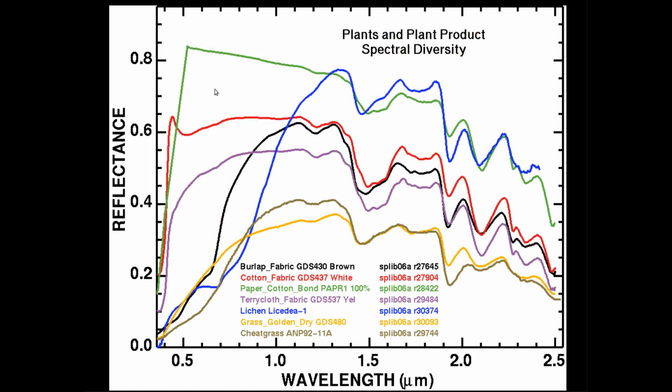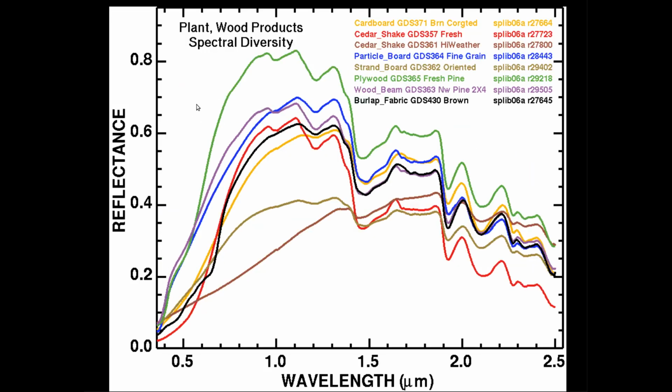Plants have a lot of diversity too. We see the cellulose and lignin absorptions out here at the longer wavelengths in woods and plant products, but in the visible, again, we see different spectral shapes, including dyes that fluoresce to make different colors.